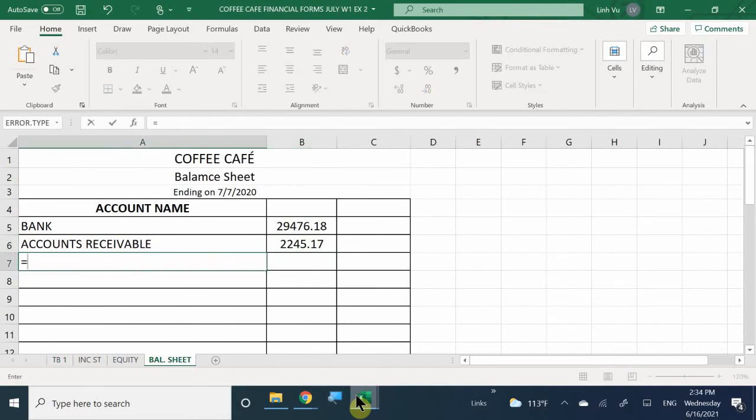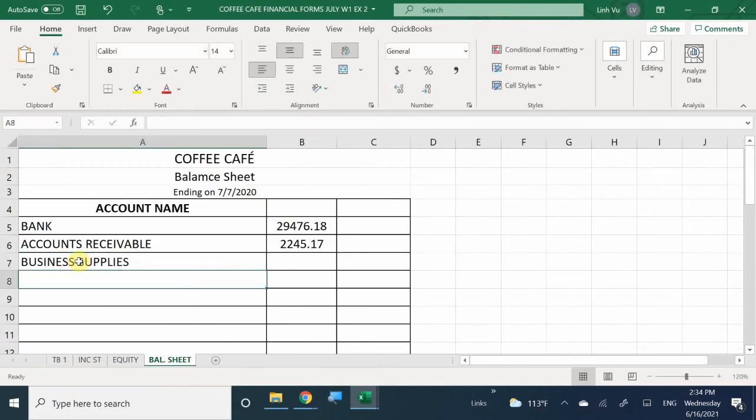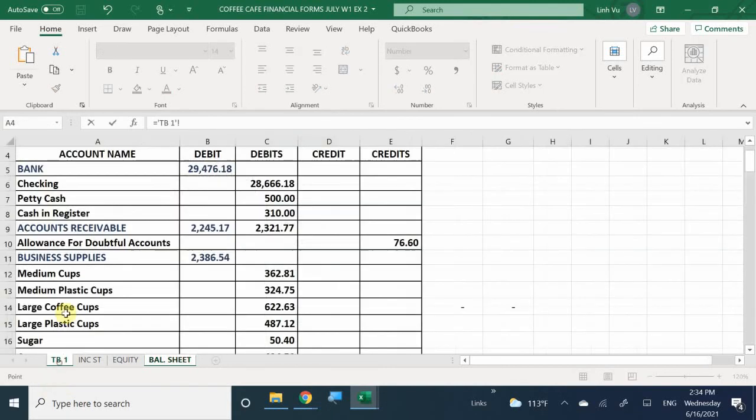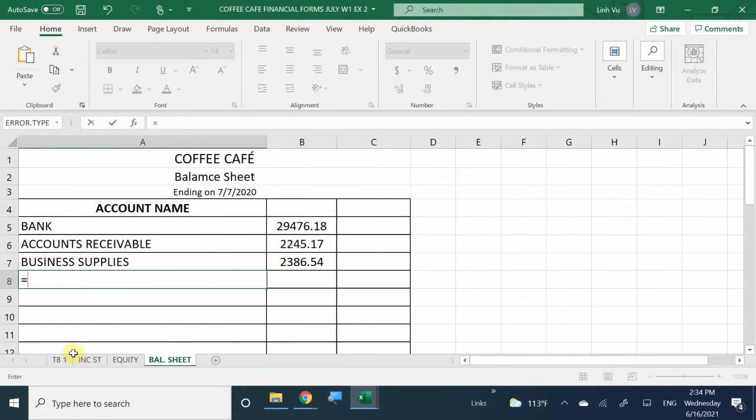All right. What's my next account going to be? Okay, business supplies. Business supplies, 2386.54. Okay. Office supplies for $80.